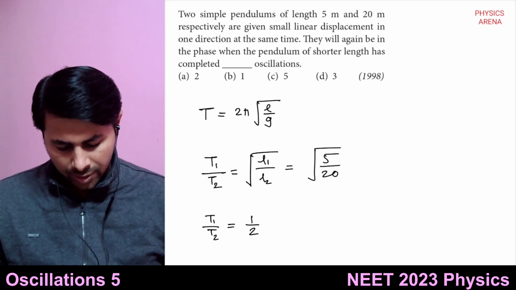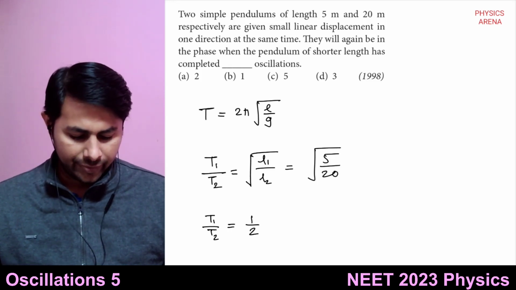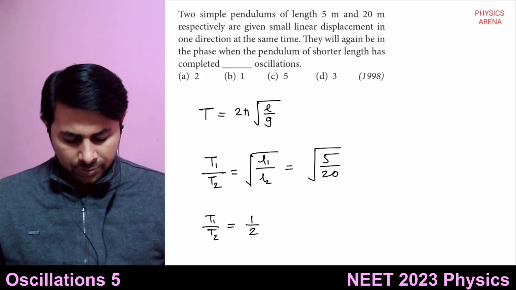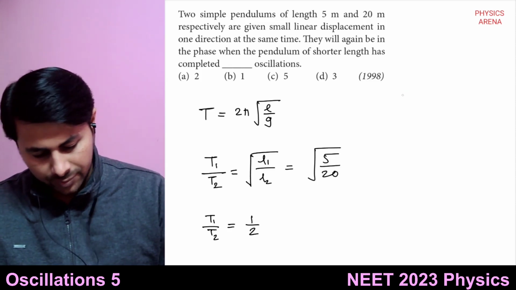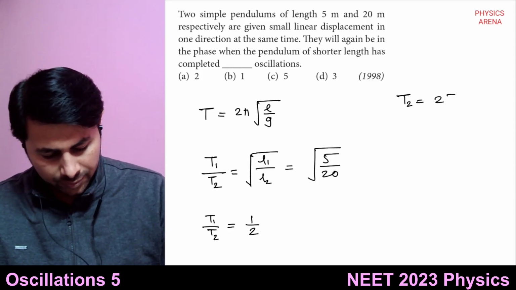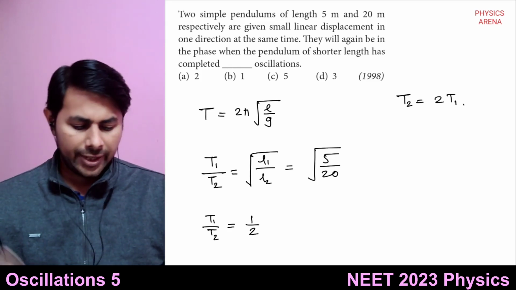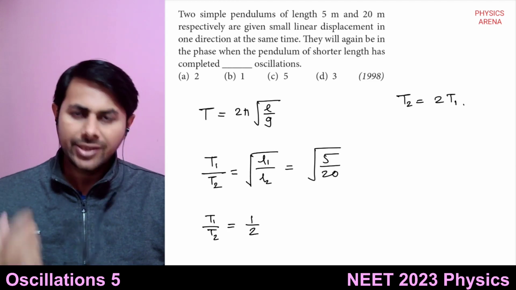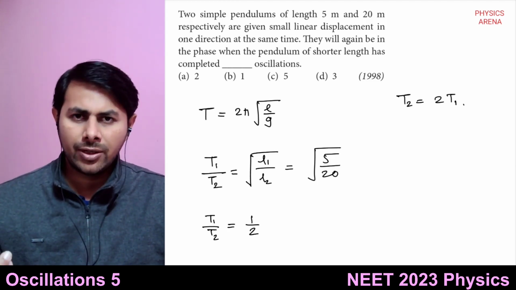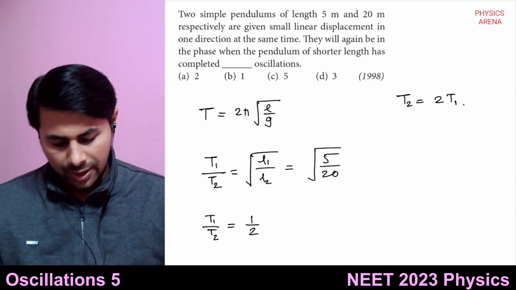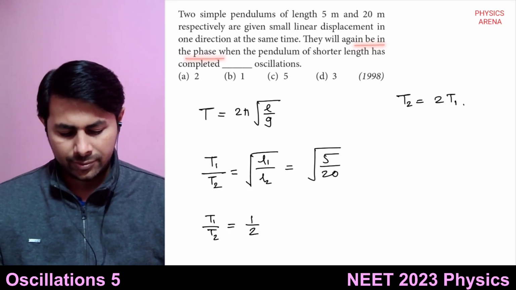So T2 equals 2 times T1. So when the first pendulum completes 2 oscillations, then the second pendulum will complete 1 oscillation. And the question is, they will again be in phase.